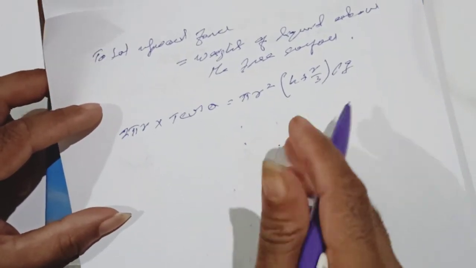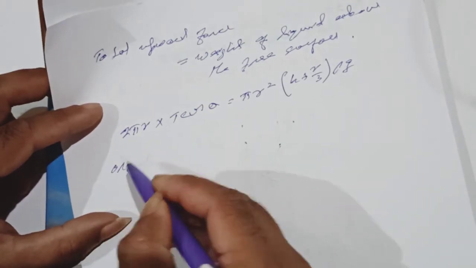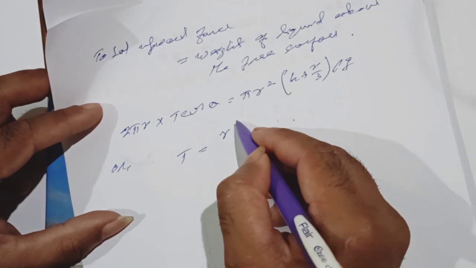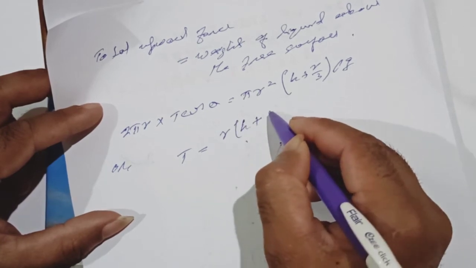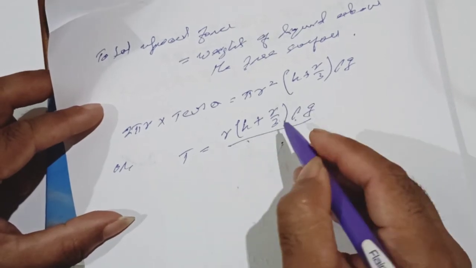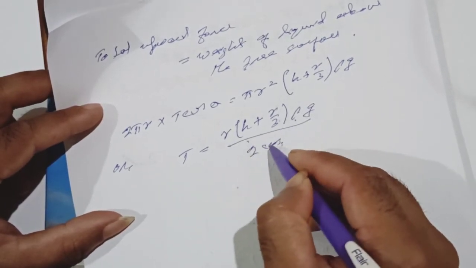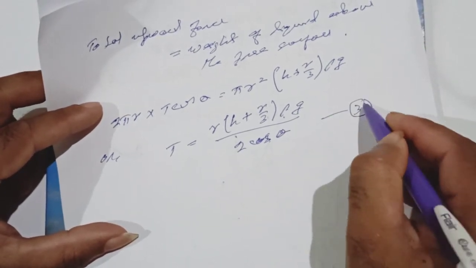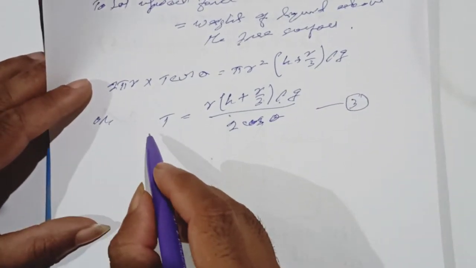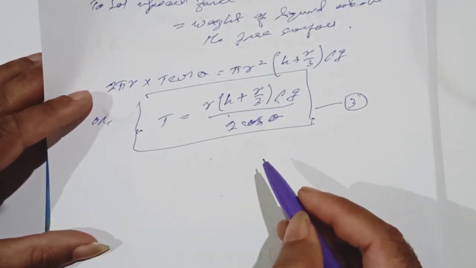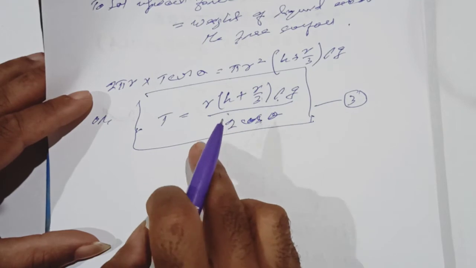If we solve further, the tension T comes out as r into h plus r by 3 rho g, divided by 2 cos theta. This is equation number 3. So the formula of tension per unit length comes out like this.